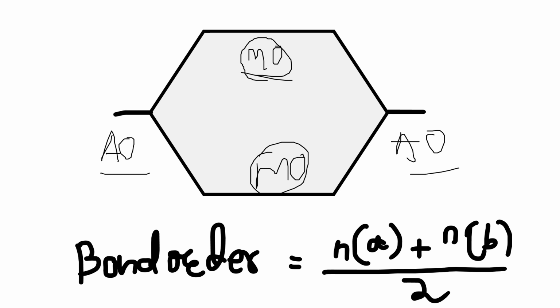So this all can be done by the bond order formula, that is (Na plus Nb) divided by 2. Here Na shows us the molecular orbital electrons of antibonding, and Nb shows us the electrons of the bonding orbital, that is divided by 2. So we're going to do that with an example.